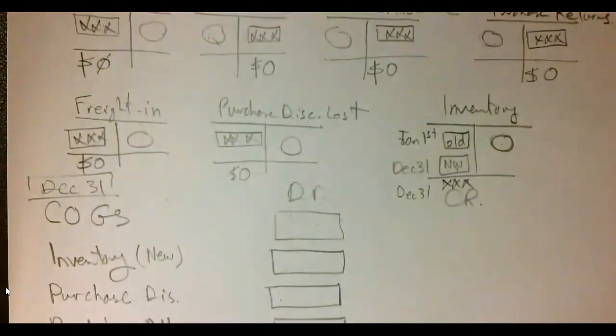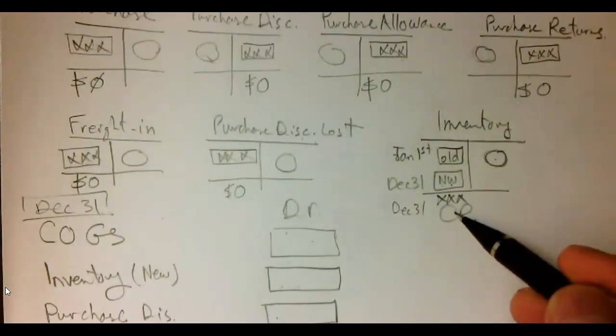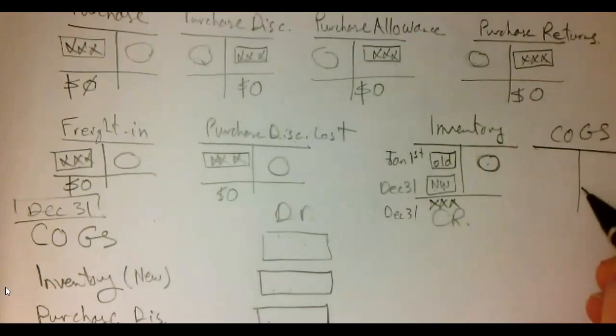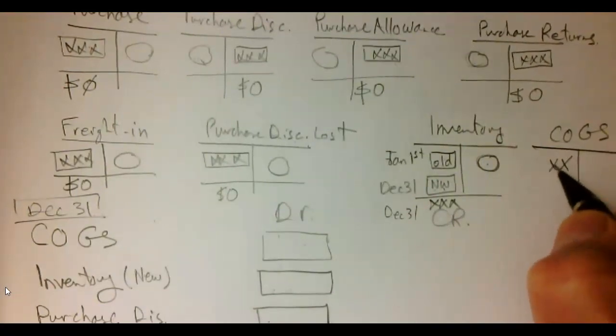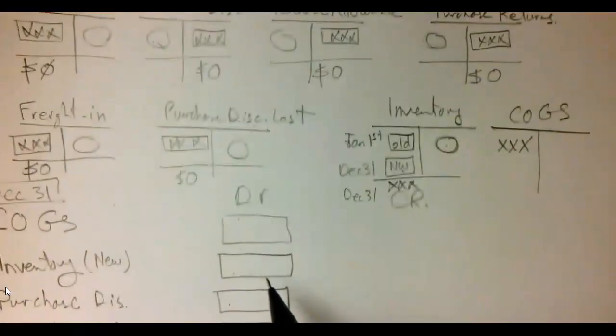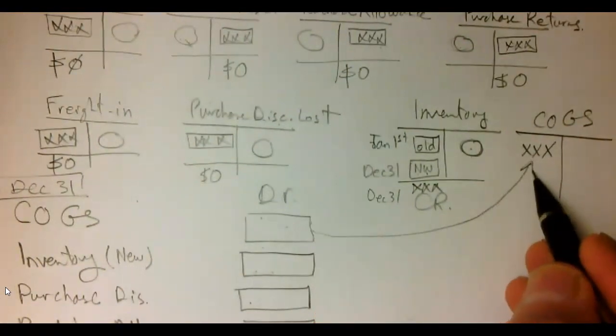By doing that, all those temporary accounts are closed, inventory is updated, and the cost of goods sold eventually will get updated on December 31st, which is coming from that journal entry into here.